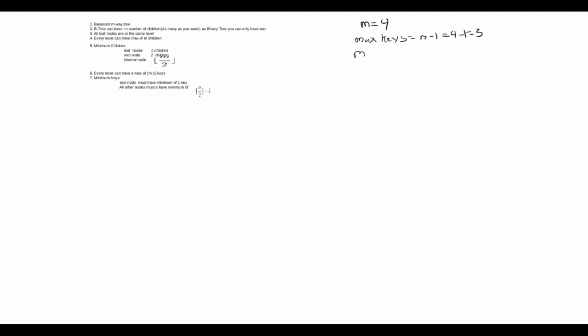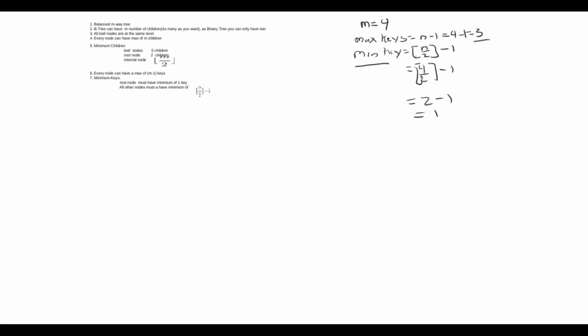And the minimum number of keys would be M divided by 2, take away 1. So this would be 2, and 2 take away 1 is 1. The minimum number of keys will be 1.